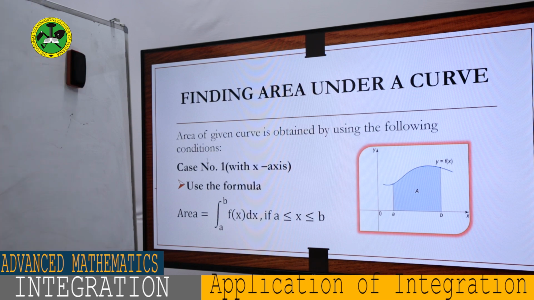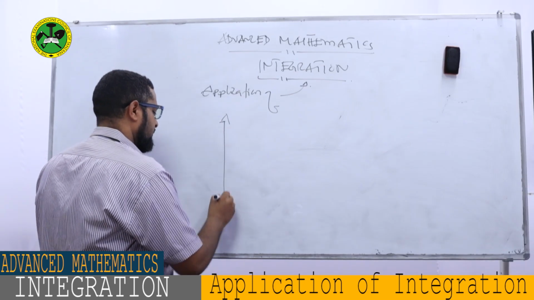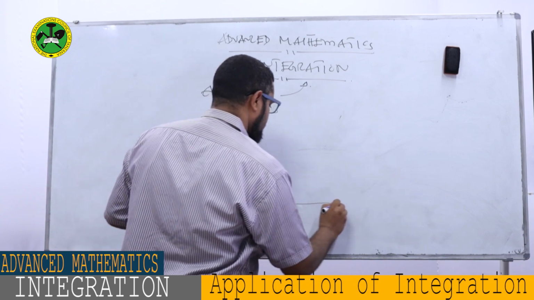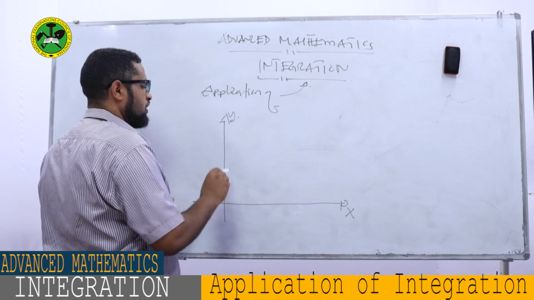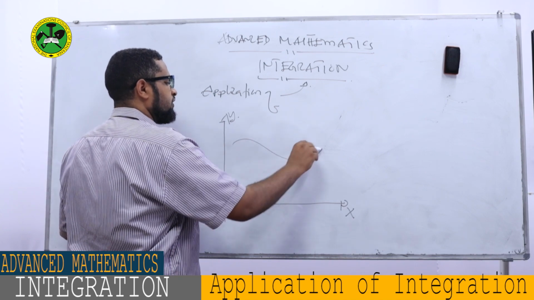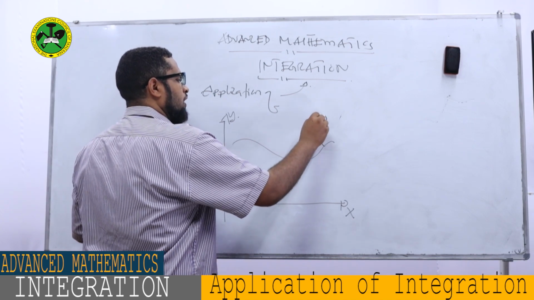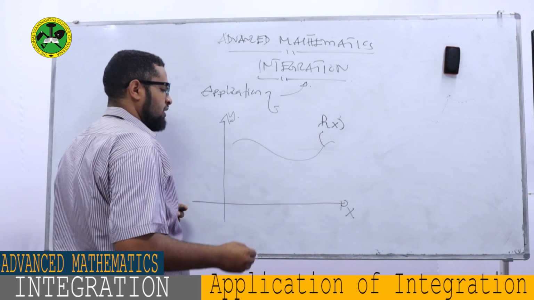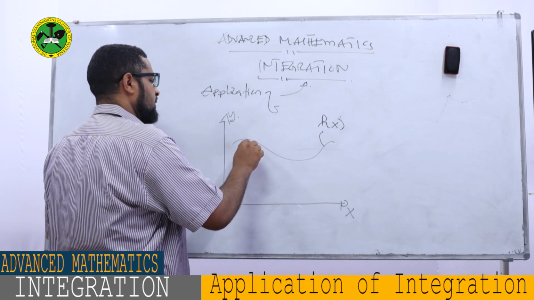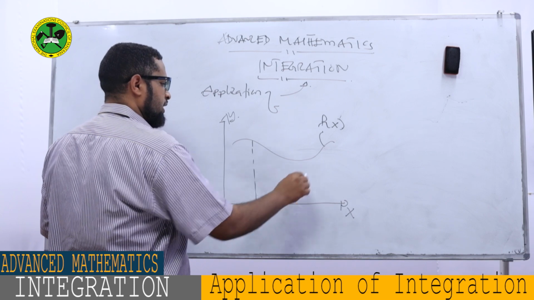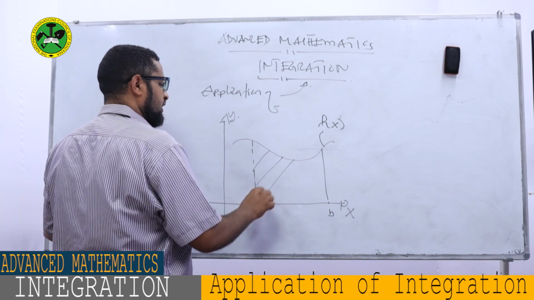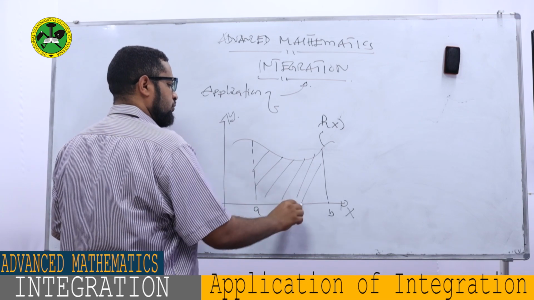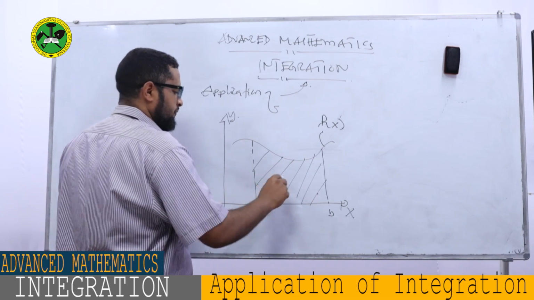The curve is like this one. That is y and that is x. Let's assume this is our curve f of x, and we are given the limit from A up to B. This is the area that you are supposed to calculate.